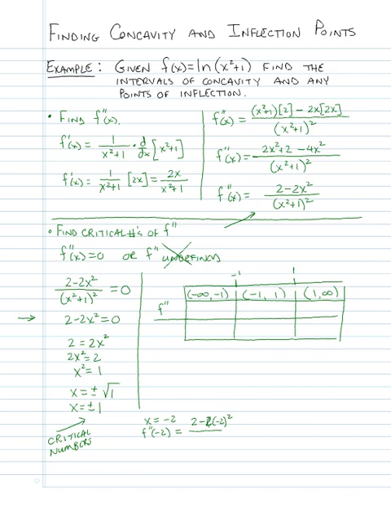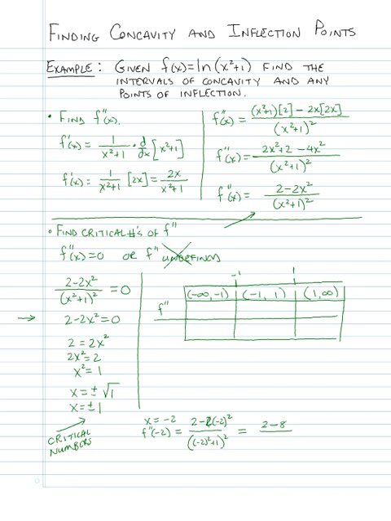So on top we'll have 2 minus 2 times (-2) squared. And on bottom in parentheses, we'll have (-2) squared plus 1, and then we're going to square that. So on top, we end up with 2 minus 8.